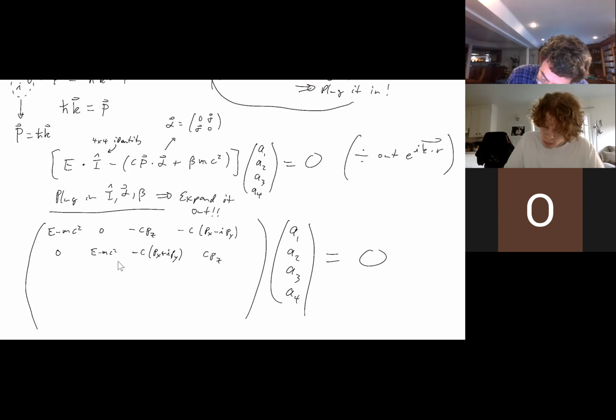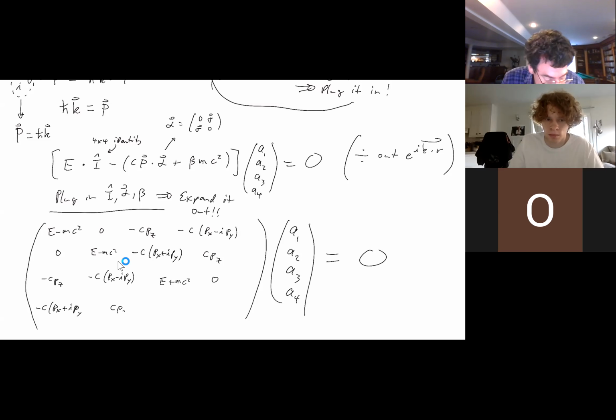Then minus c pz, minus c (px minus i py), E plus mc squared. And then minus c (px plus i py), c pz, 0, E plus mc squared. Just a bunch of tedious algebra, but it's all pretty simple.